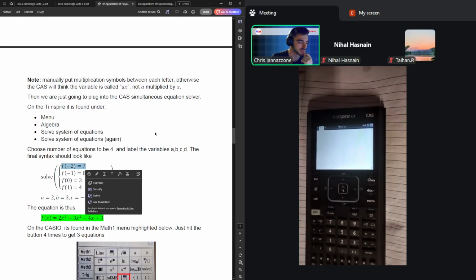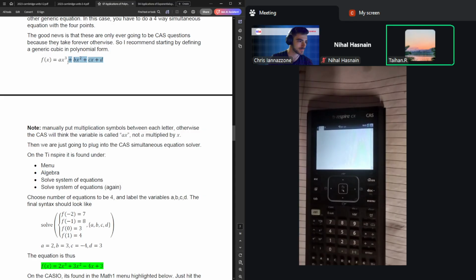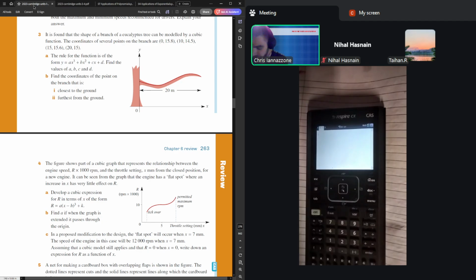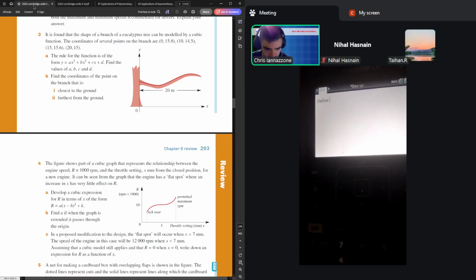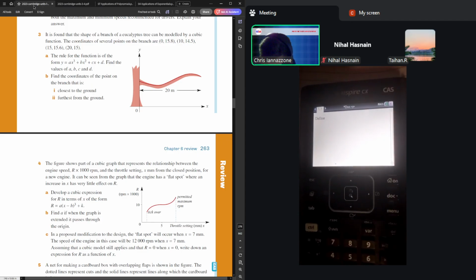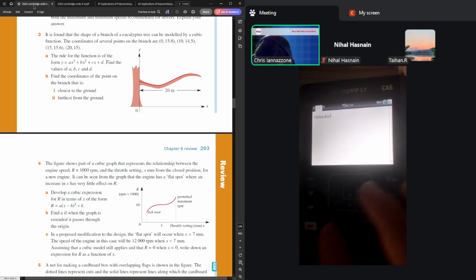How are we able to do that in the CAS? I think you have to define the equation, the form of the cubic, first. So the ax cubed plus... That's the one. Awesome, that's what we'll do first. A tip when you're defining things: make sure to put multiplication signs between all of the variables. So for instance, I'm defining h of x.